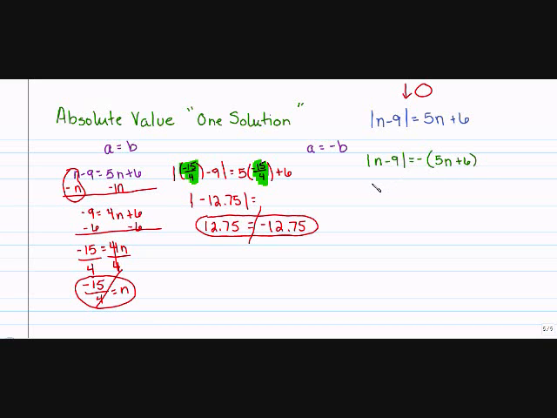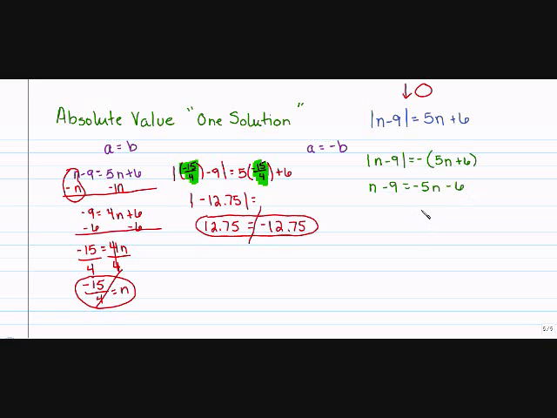I'm going to rewrite it without my absolute value and distributing the negative. So I'm going to remove my absolute value, n minus 9 equals negative, we'll change all the signs. A negative 1 outside the parentheses will change all the signs. So I get a negative 5n and a negative 6.